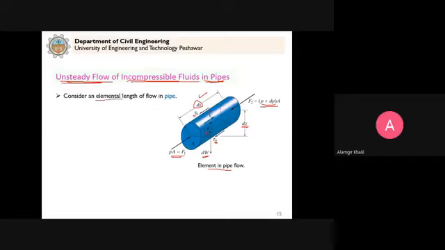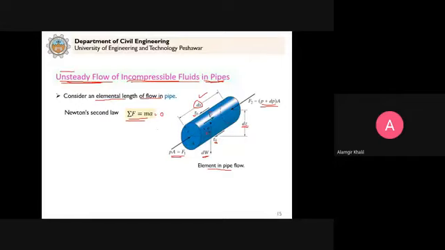So consider an elemental length of flow in pipe. We will apply the Newton's second law. So this we did also in chapter 8, first topic, when we tried to develop the Darcy-Weisbach formula. But in that case, you remember we put this MA equal to 0 and we solve for the forces.